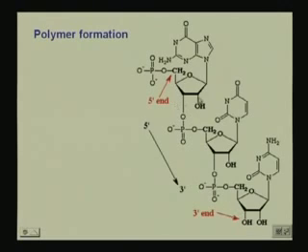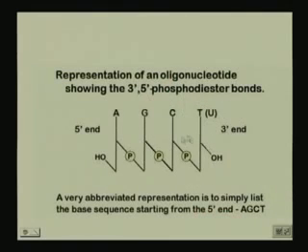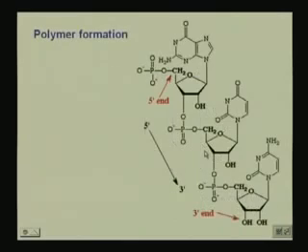Now, what we know is each of these has a common backbone, the sugar phosphate backbone. So, usually when we represent it, we have a 5 prime end and a 3 prime end, okay? And this is the 3 prime 5 prime phosphodiester bond. What do we mean by that? That this is the 3 prime position and this is the 5 prime position.